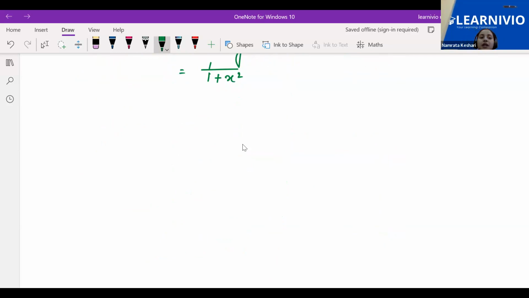Suppose we are having y is equals to cos inverse of 1 minus x square over 1 plus x square, and we have to find dy dx over here. What to do over here, Annapurna?